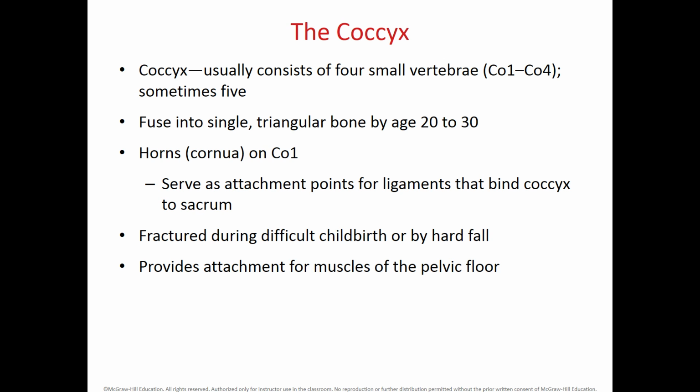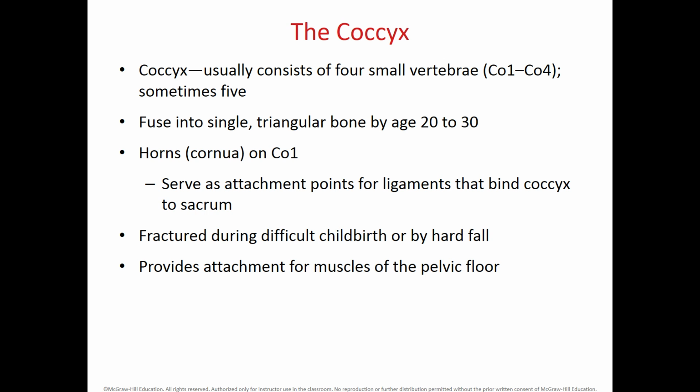And then these coccygeal vertebrae fuse into a single triangular bone by the age of 20, but it can go up to 30. On CO1, you have little projections that are called the horns or cornua. These allow for the attachment of ligaments that bind the sacrum to the coccyx.